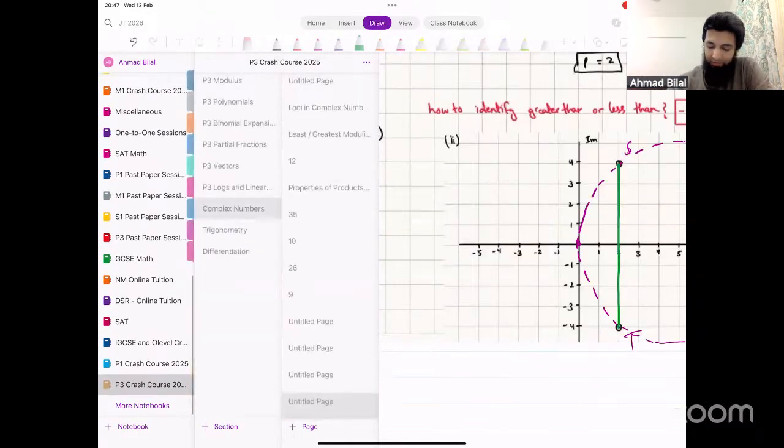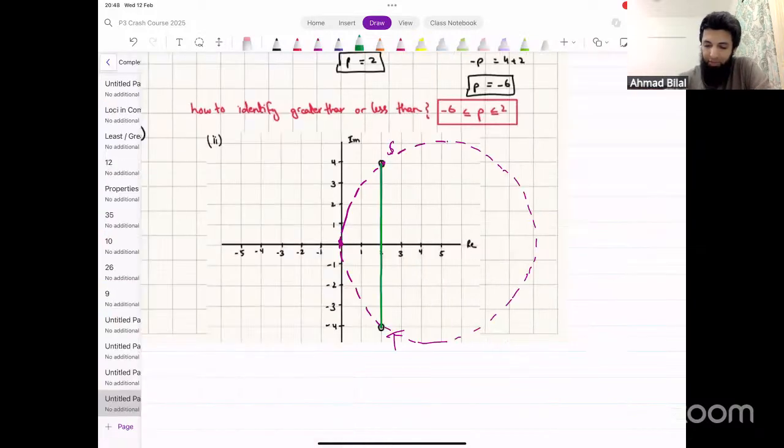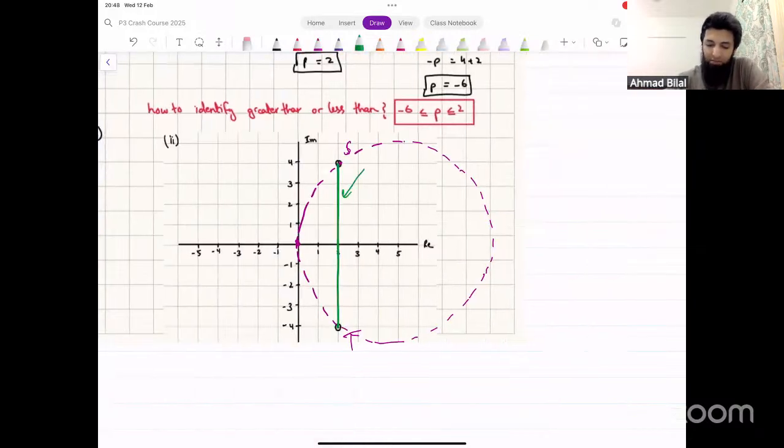So basically, if you look at this now, this green chord is one possible chord that you can draw. The perpendicular bisector of this chord has to pass through the center. What will be its perpendicular bisector? Above is 4, below is -4, so it will go through here. It will be on the x-axis.